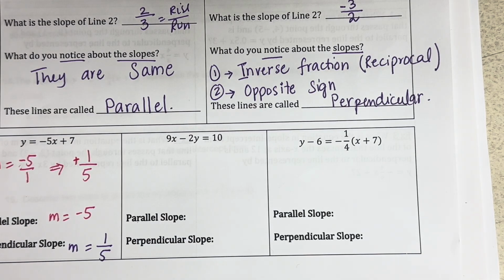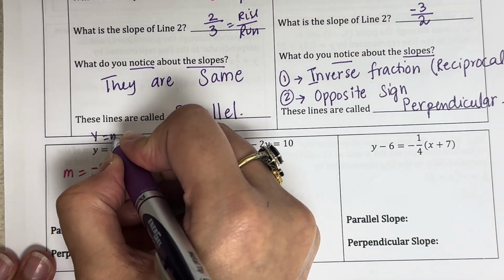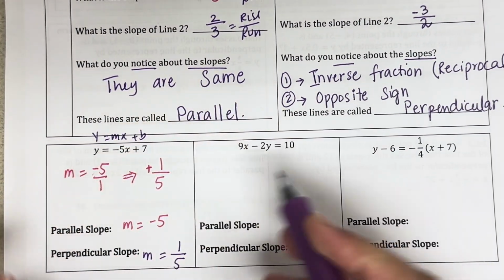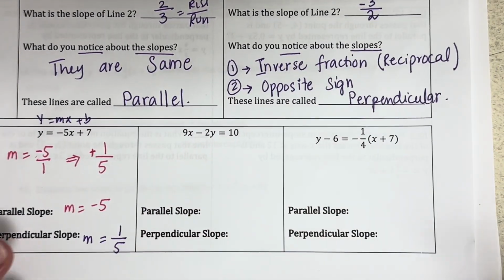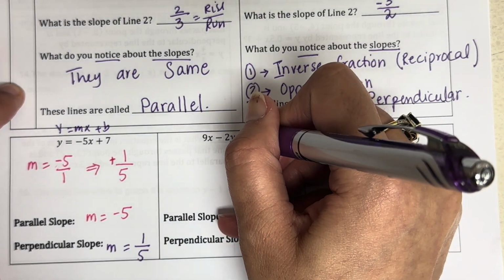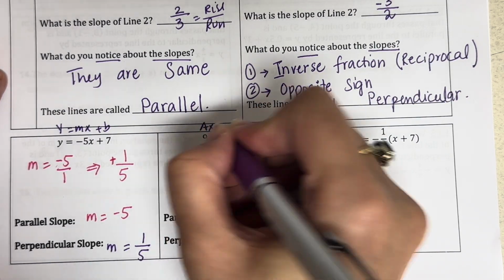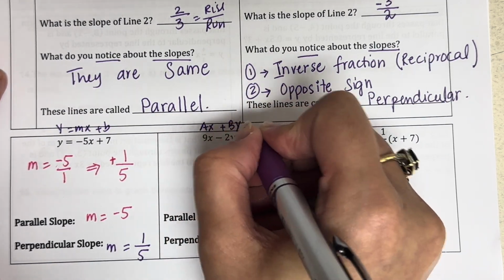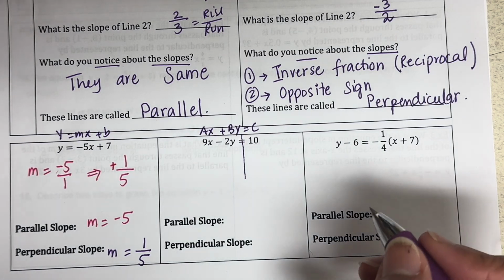Question number 2, your equation is written in standard form, ax plus by equals c. Question number 1 was written in y equals mx plus b format, so it was easier to identify the slope from there. In standard form, you actually have to find your slope. This is written in standard form, and I have to convert it to slope-intercept form so I can identify my slope.